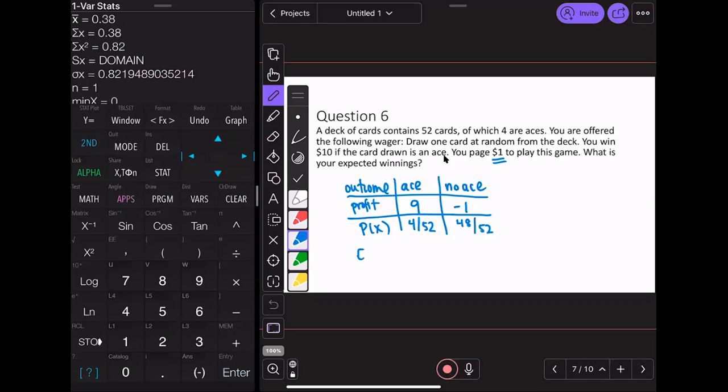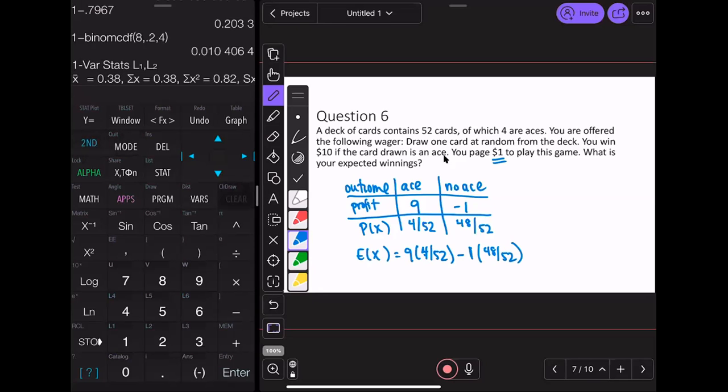To calculate your expected value, you're going to multiply the profit times the probability and then add them together. So -1 times 48 out of 52. Since that's a pretty short one, you can just put that directly in your calculator.